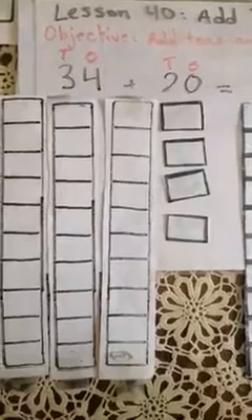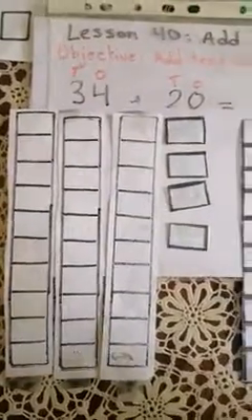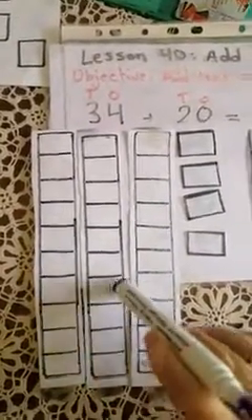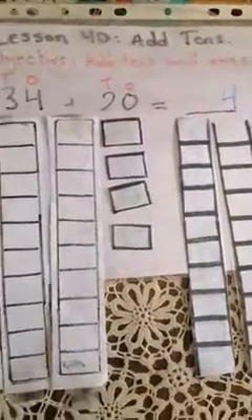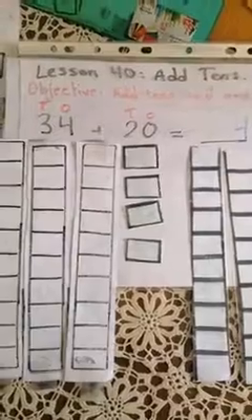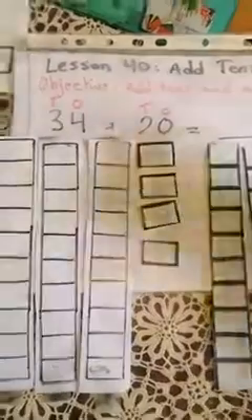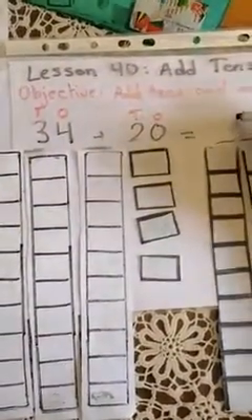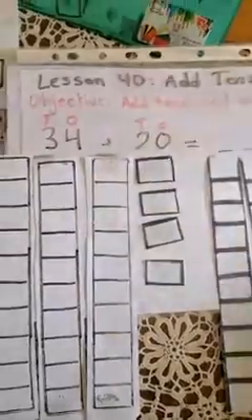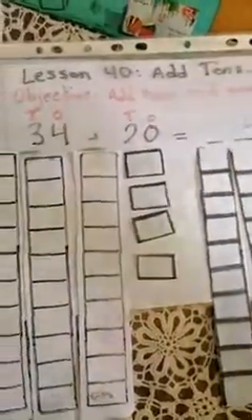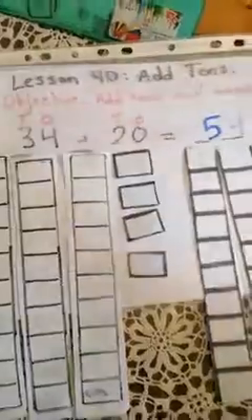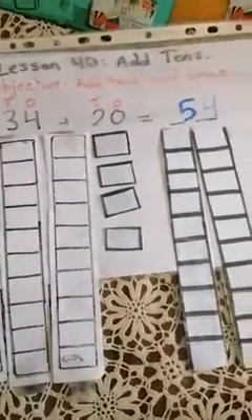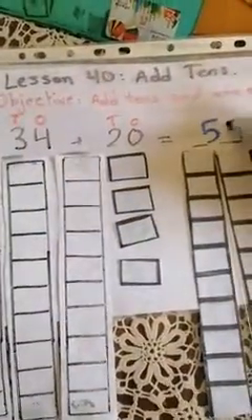And how many tens? Let's count them. 1, 2, 3, 4, 5. 5 strips of tens. 5 tens. So I will write here 5. 54.